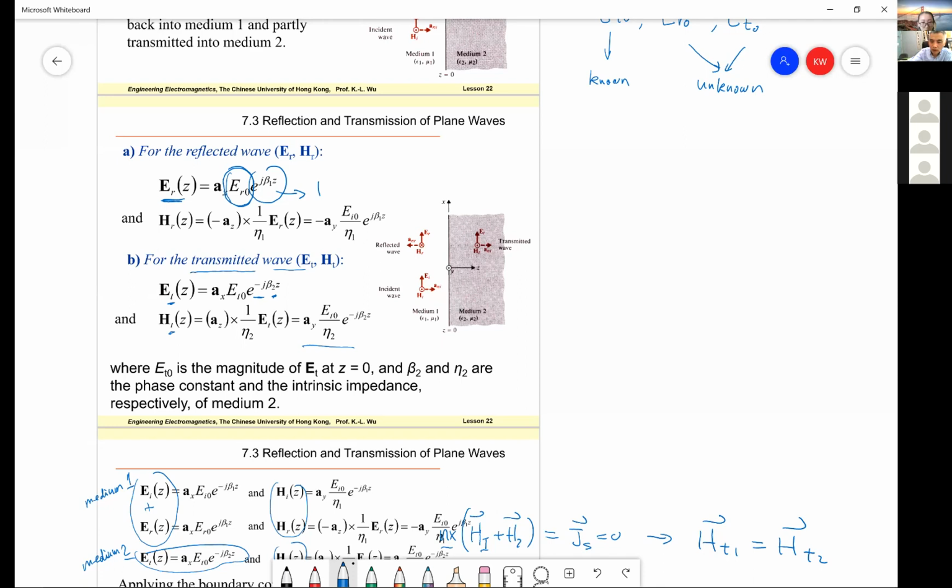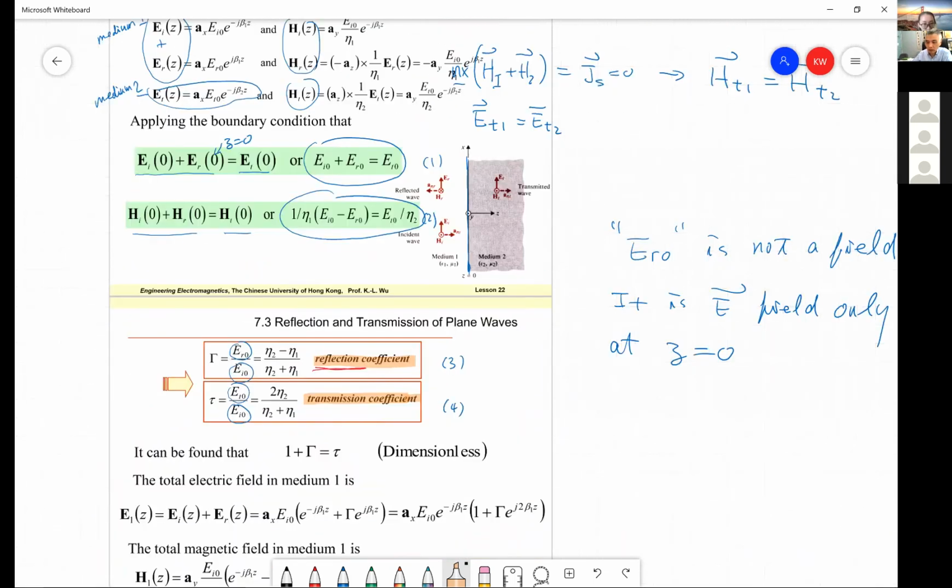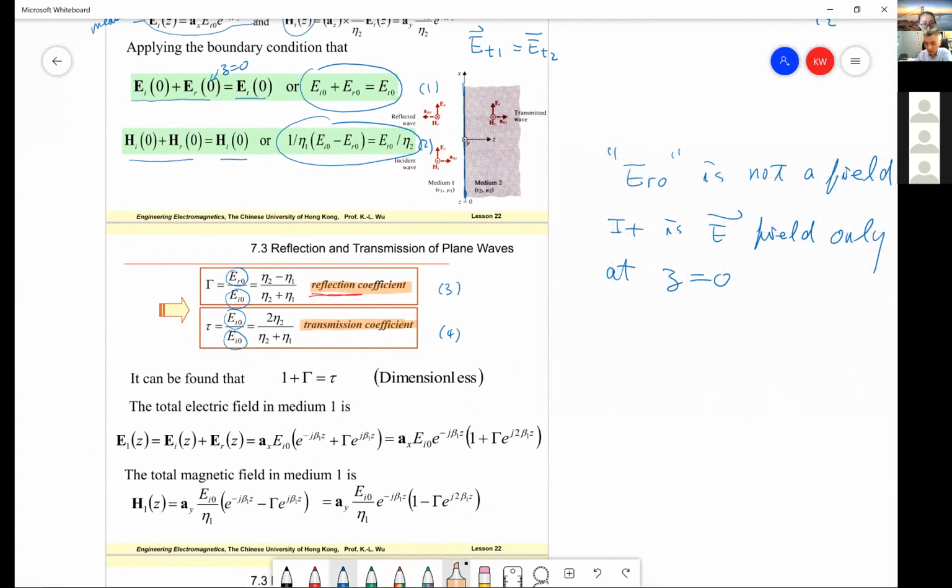Okay, so when we deal with this quantity, remember this is the reflected wave when Z equal to 0, or it's the boundary. Only at the boundary does that make sense. So that means this specifically means the reflection coefficient at the boundary, which is Z equal to 0.